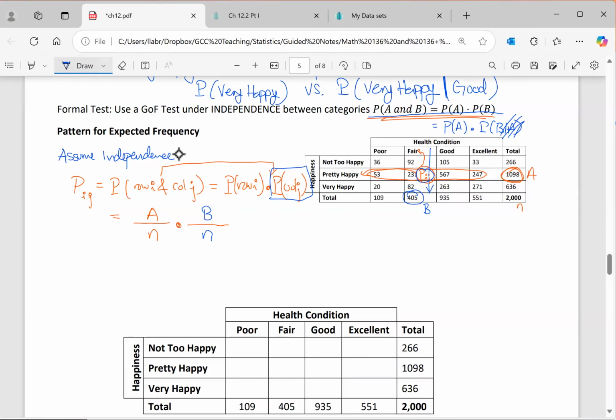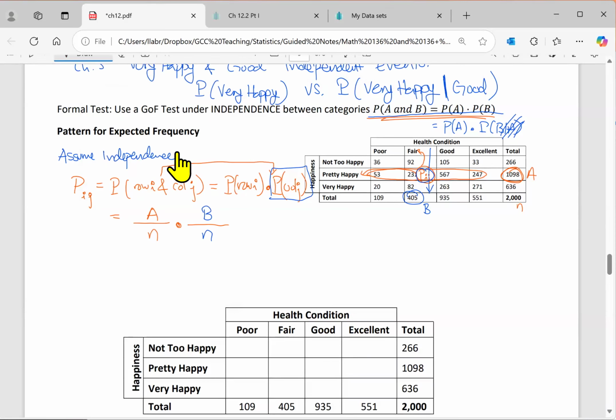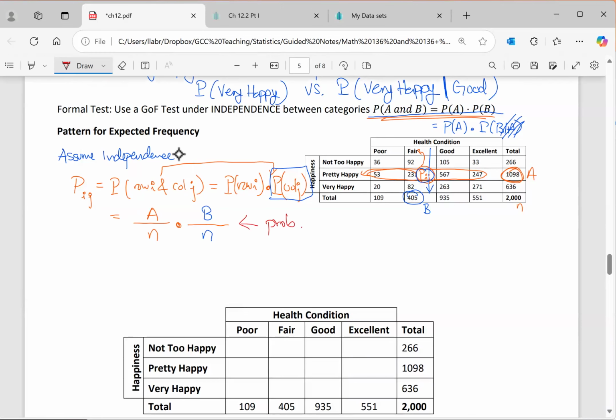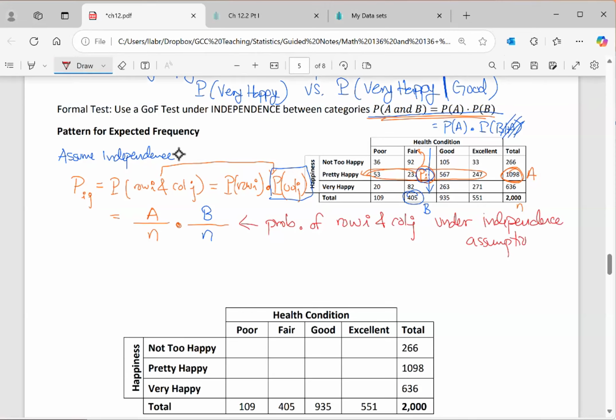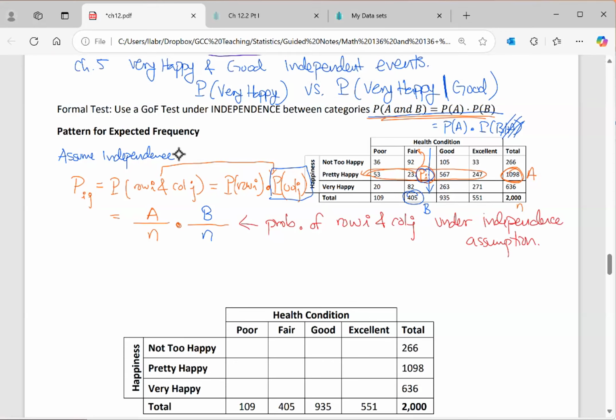And the reason why this is important is this is the probability of observing row I and column J under the independence assumption. And look at what I'm going to do now.